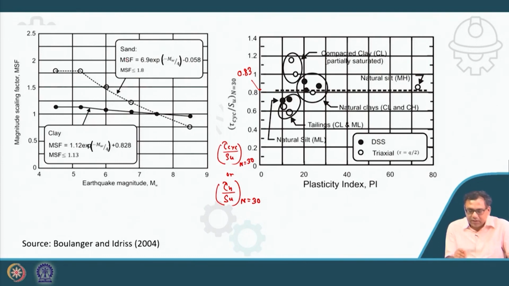But for sand the MSF should not be greater than 1.8, and for clay it should not be greater than 1.13. It is proposed by Boulanger and Idriss.